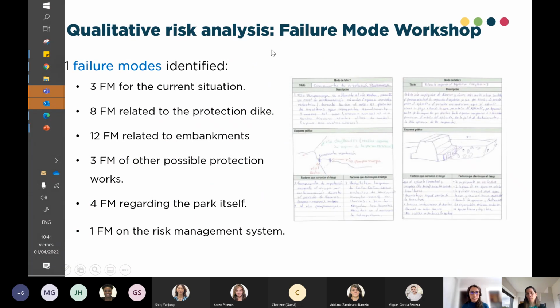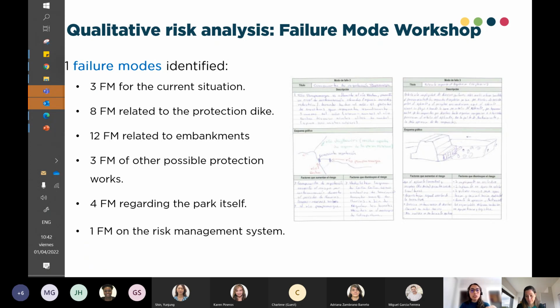So as we were telling, this is a real example from the bank. This was a workshop that took place in the country, where some experts attended. At the end, a total of 31 failure modes were identified.